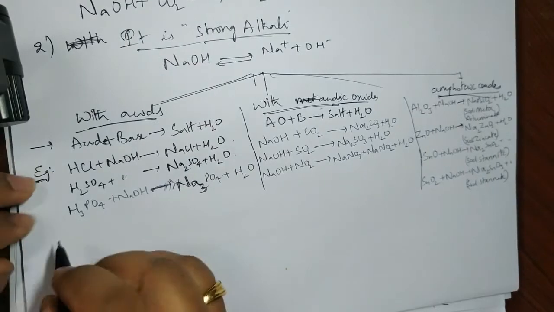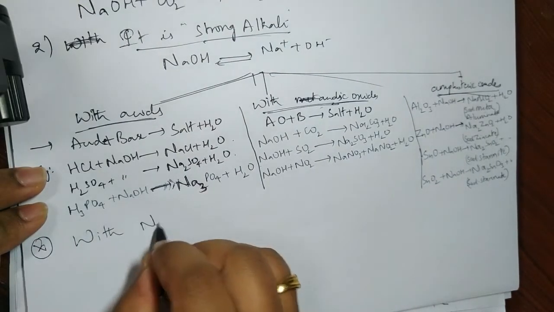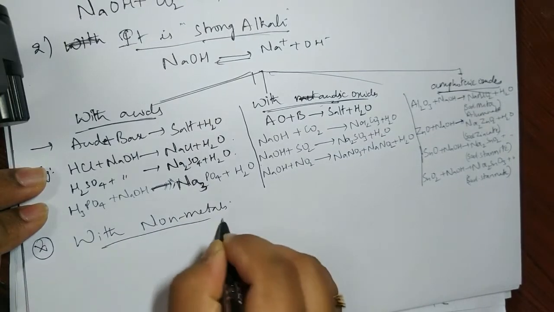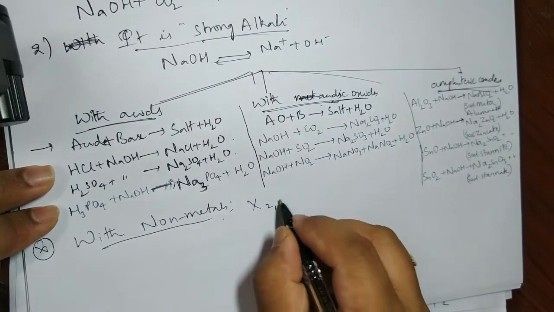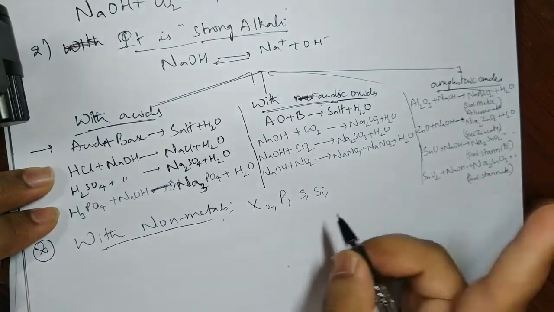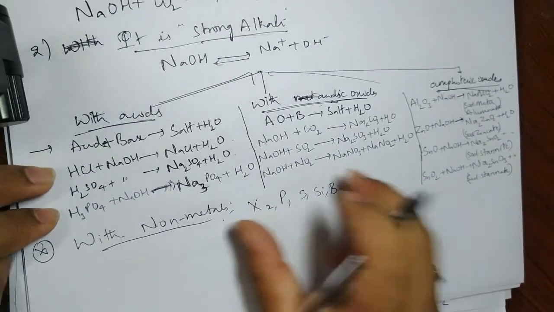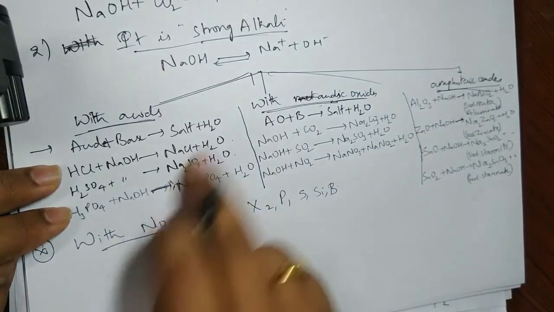Now if we talk about reaction with non-metals, basically the non-metals, as I say, halogens and phosphorus, sulfur, silicon, then what else, boron. Fine. So these are normally the non-metals which we use for reacting with NaOH.